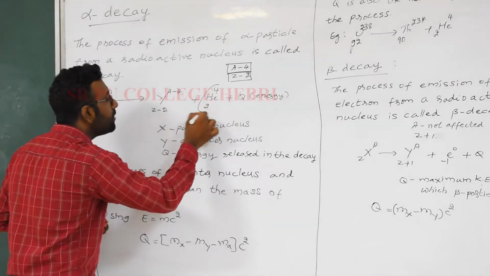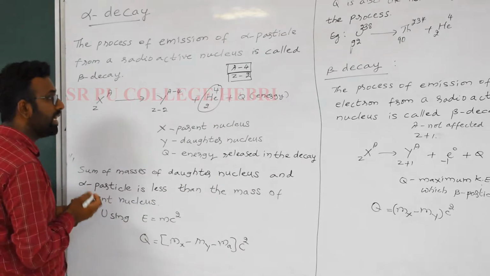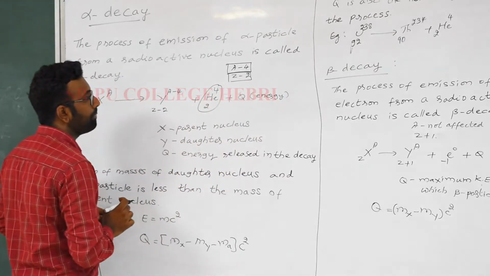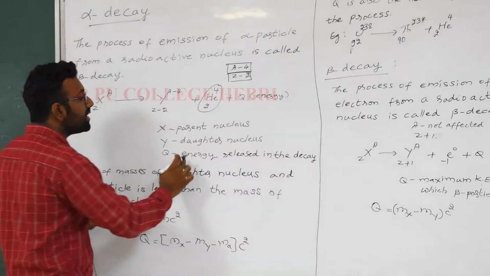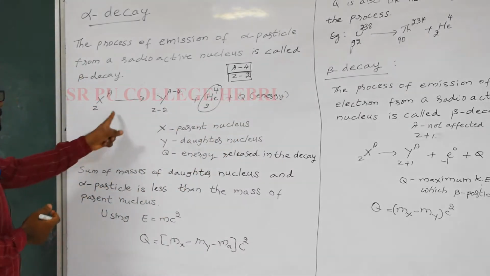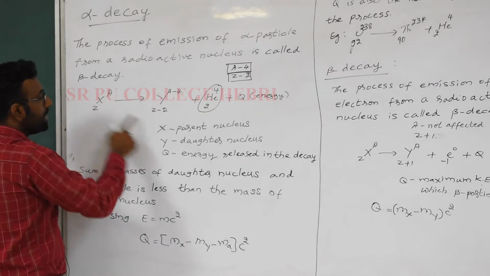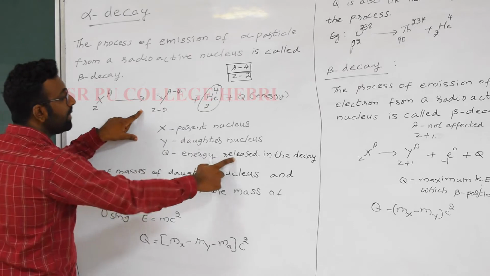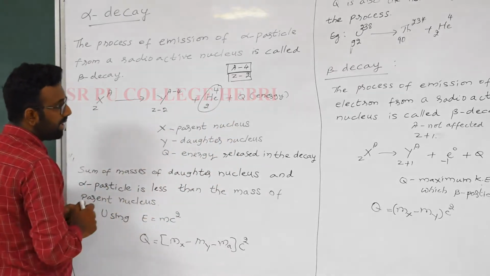This is an alpha particle, or helium nucleus, along with energy. This energy Q is nothing but the energy released in the decay process.